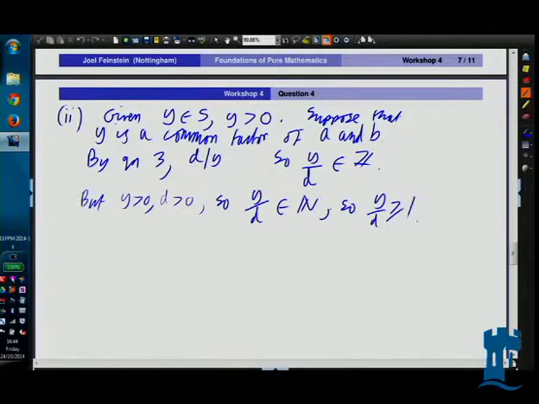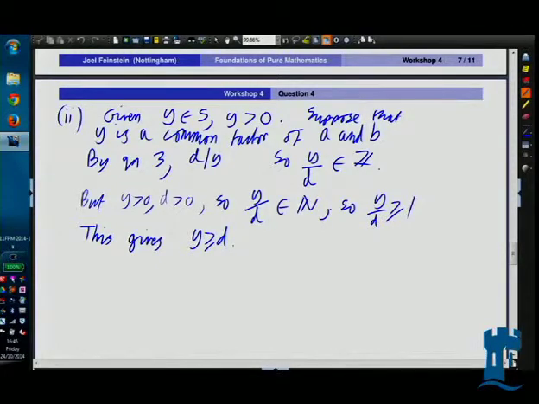This is all a bit of extra detail. It was pretty obvious, really, that this gives D less than or equal to y. All I've done there is prove that if you've got two positive integers and one's divisible by the other, then the one that's divisible by the other is at least as big as the other. So that's pretty obvious anyway, and I wouldn't take much away if you just said that was obvious.